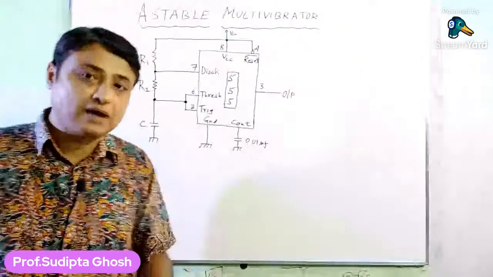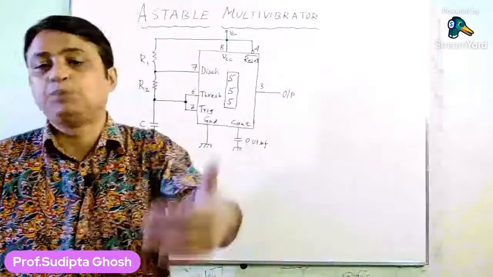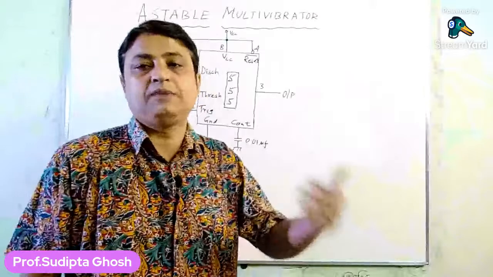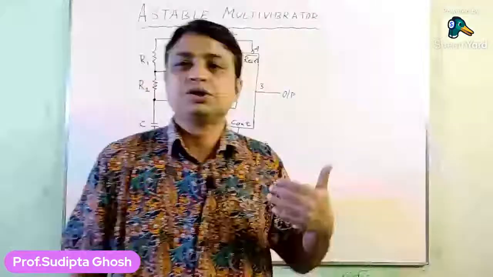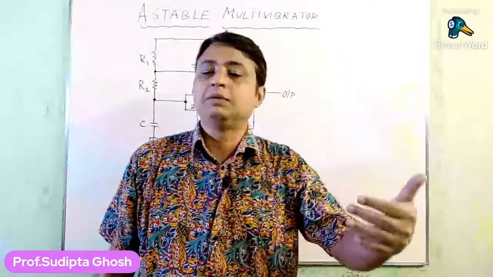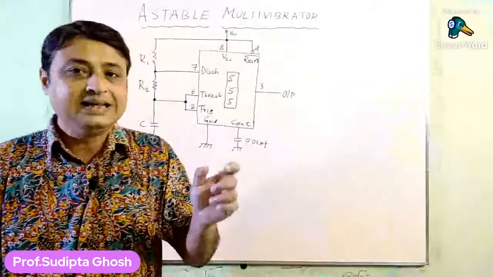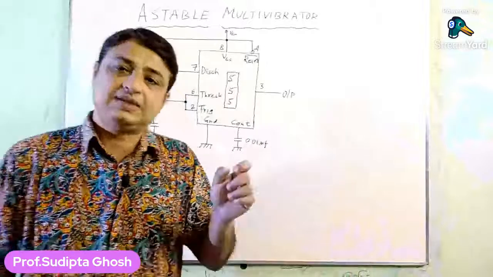That means Q bar goes low, and after the output buffer, the output of the 555 timer will also be high. That is the initial state I have discussed.